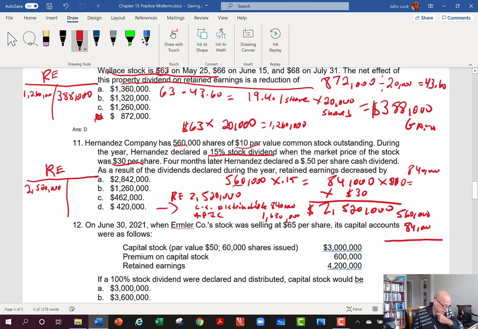So if I take that 560,000 plus the 84,000, someday I'm going to write all my numbers down as I get them. It's kind of hard because you put the number on the calculator and then you put in the next number and you forget to write the first number down. Meanwhile, to show you what I'm doing, I want to show you everything.